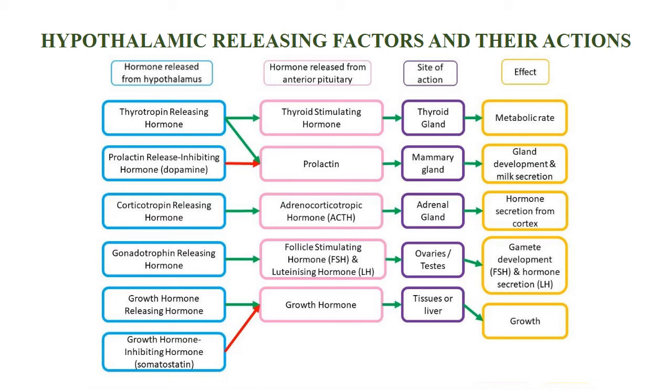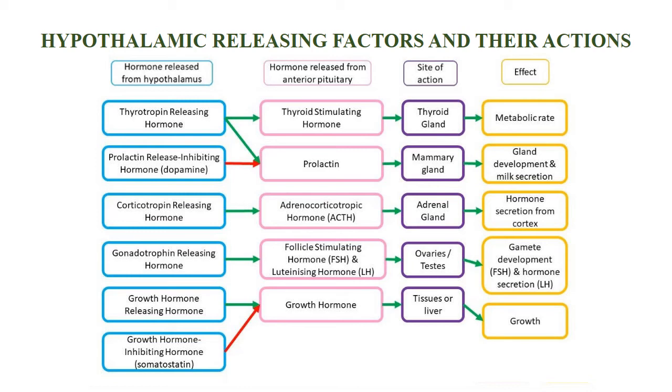Whereas the prolactin release inhibiting hormone inhibits the secretion of prolactin from the anterior pituitary, that is during the non-pregnancy period of a woman.